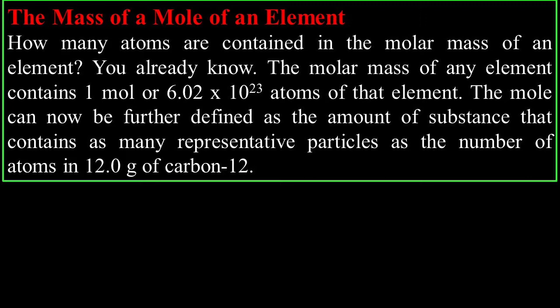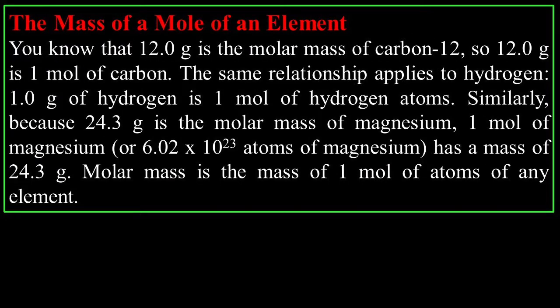The mole can now be further defined as the amount of substance that contains as many representative particles as the number of atoms in 12 grams of carbon-12. Same thing. You know that 12 grams is the molar mass of carbon-12, so 12 grams is 1 mole of carbon. The same relationship applies to hydrogen.